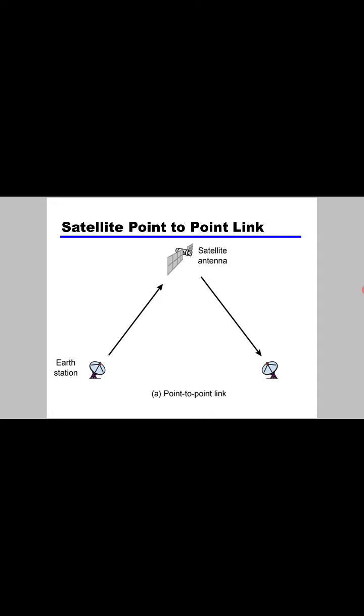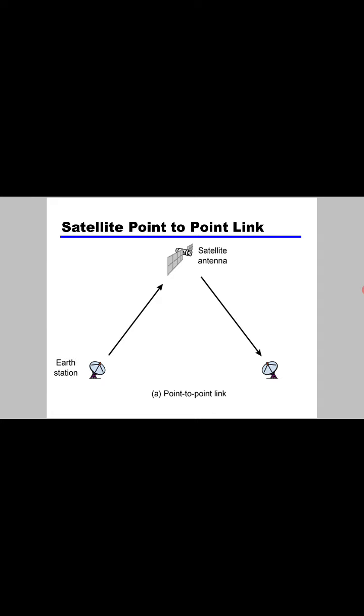Generally satellite transmission media are point to point links, meaning two earth stations, called antennas, are placed at two different points on the earth, and a satellite orbits above the earth and rotates around it. One earth station is the sender and the second is the receiver.